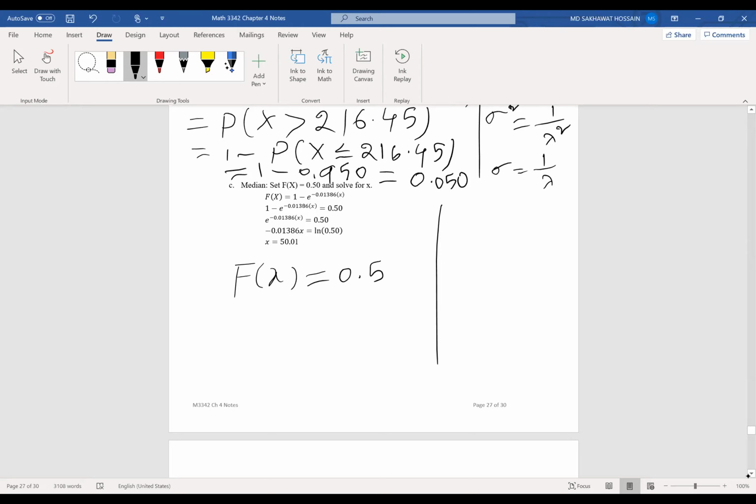At the first quartile, the CDF is 0.25. At the 75th percentile, the probability is 0.75. So you have to find Q1 and Q3.